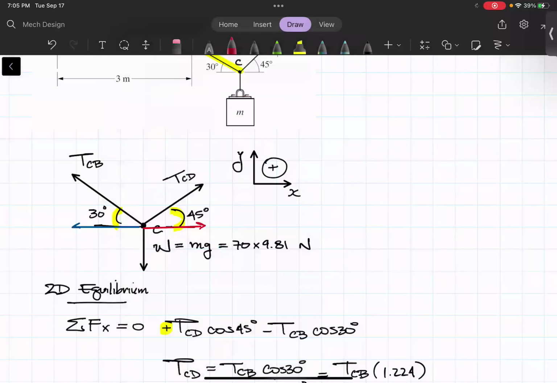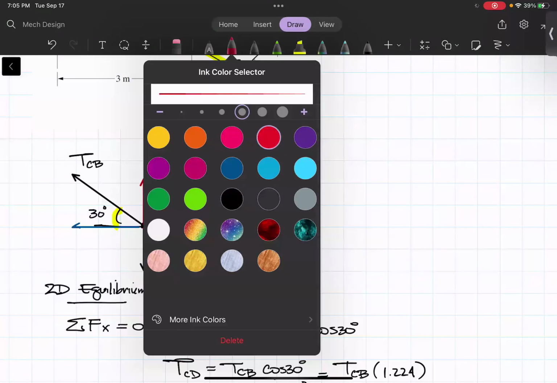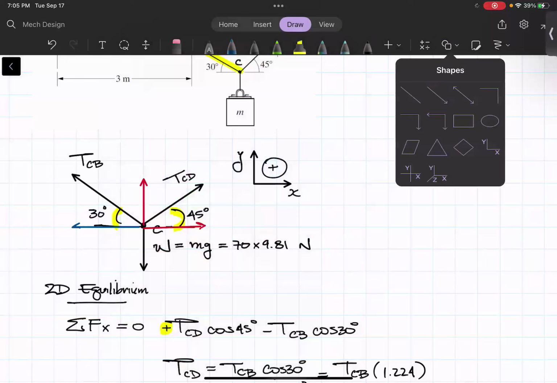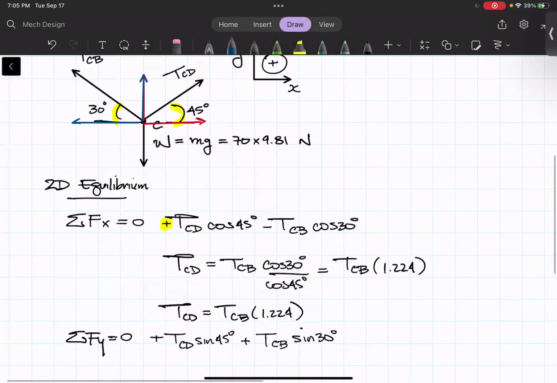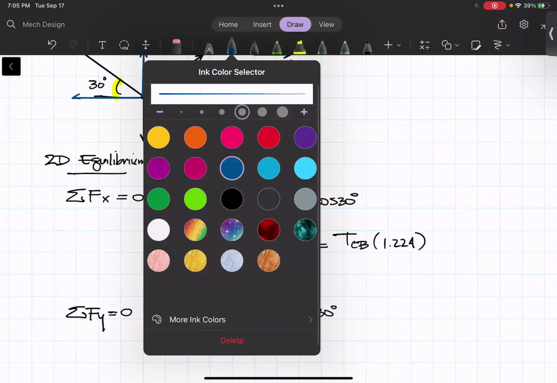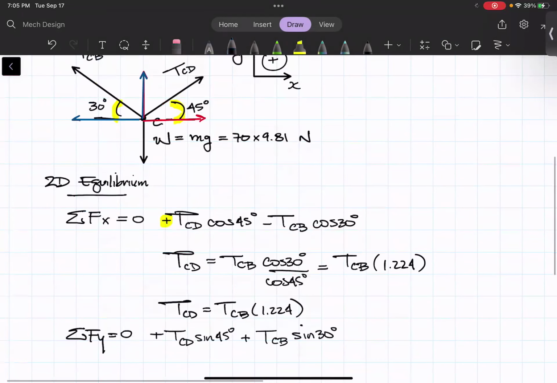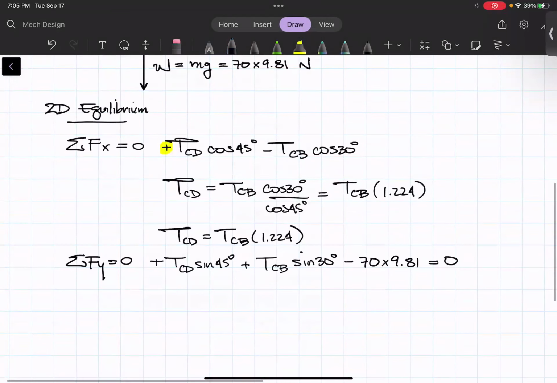You look at the free body diagram that we drew and you see that TCD has a positive y component, whereas TCB also has a positive y component. The weight force has a negative y component, and that's where it comes into play right here. We set it equal to 0.